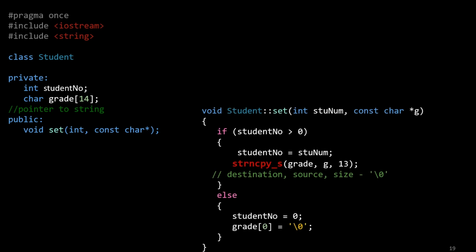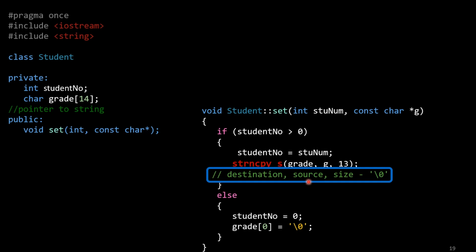Let's take a deeper dive into the set function itself. If we look at the condition of our if statement, if my student number is greater than 0, then I'm going to perform an assignment of stu_num equals student num. But then I'm going to call strcpy_s. This is part of the C++ string library function. What's key about this is the way the parameter list is set up. First, we have the destination that we want to copy into.